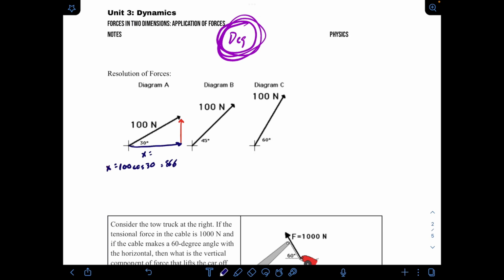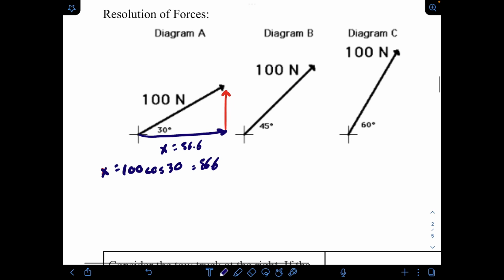So this would be the 86.6 chunk there. And then for the y component, that vertical chunk, it looks like it would be 100 sine 30. So 100 sine of 30 would give me about 50. So those of us in pre-cal hopefully would have seen that pretty quickly. So this is 50 for that chunk right there.